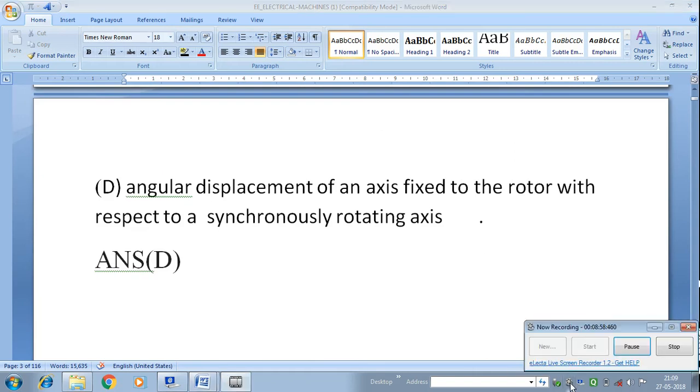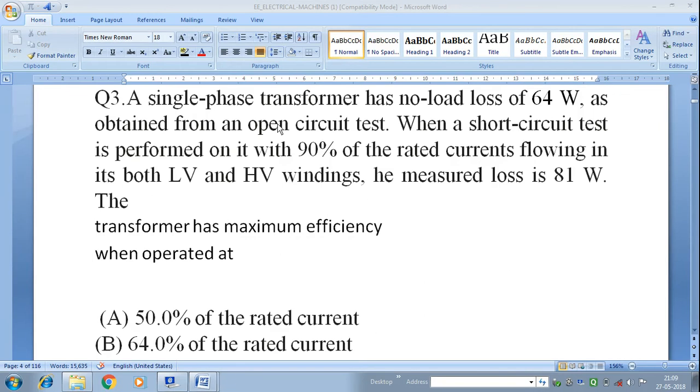So, let us see the next question. A single phase transformer has a no load loss of 64 watt as obtained from an open circuit test. When a short circuit test is performed on it with 90% of the rated current flowing in both the LV and HV windings, that is, the low voltage and high voltage windings, it measured a loss of 81 watt.